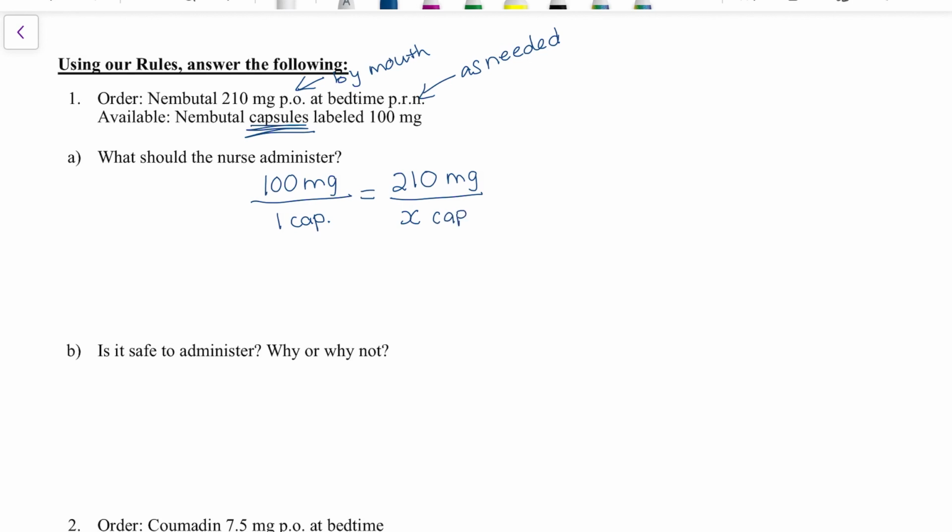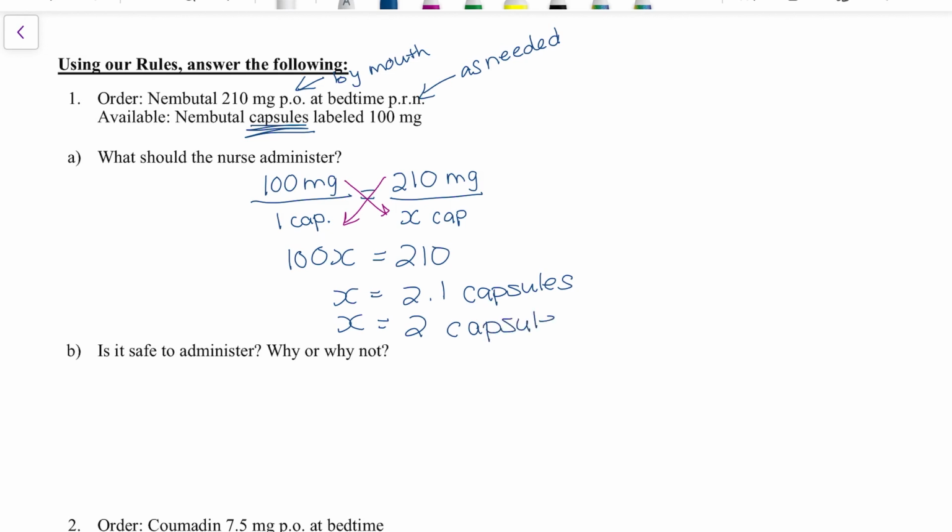I'm going to cross multiply, and I get 100x equals 210. Then I divide by 100 and get x equals 2.1 capsules, which I know, because a capsule cannot be split, I have to round to 2 capsules.